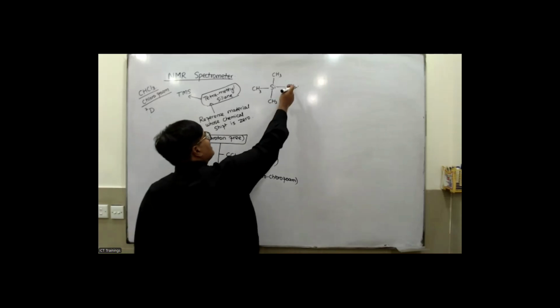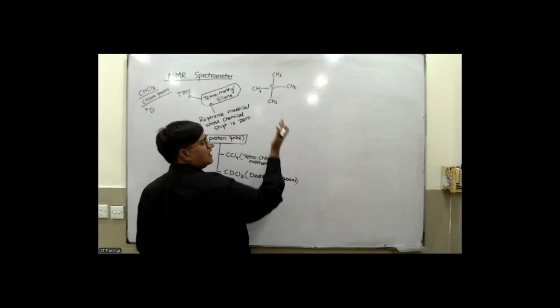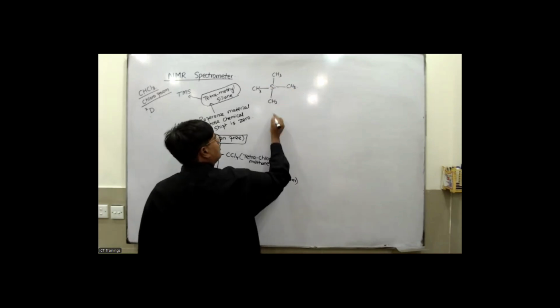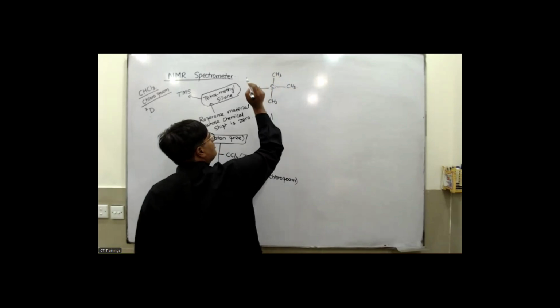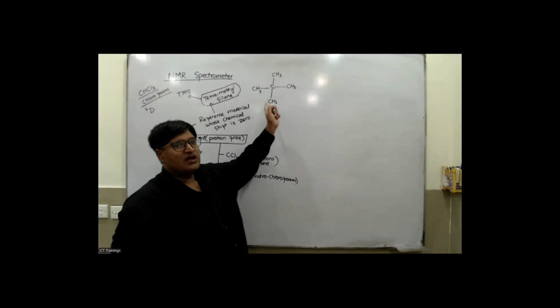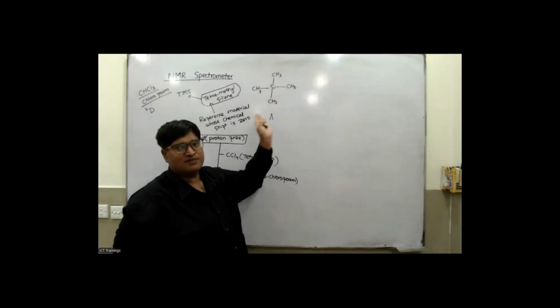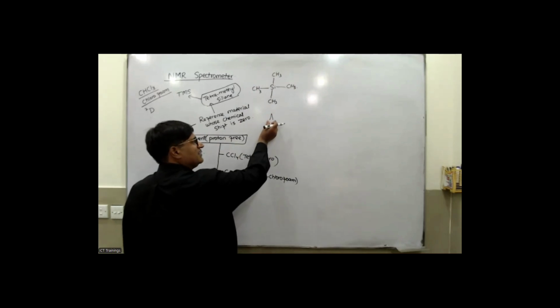This CH3 does not have a neighbouring hydrogen label, so it gives a singlet. This one is also a singlet, this one is also a singlet, this one is also a singlet. All the twelve hydrogens are present in the same environment, so they form a singlet.